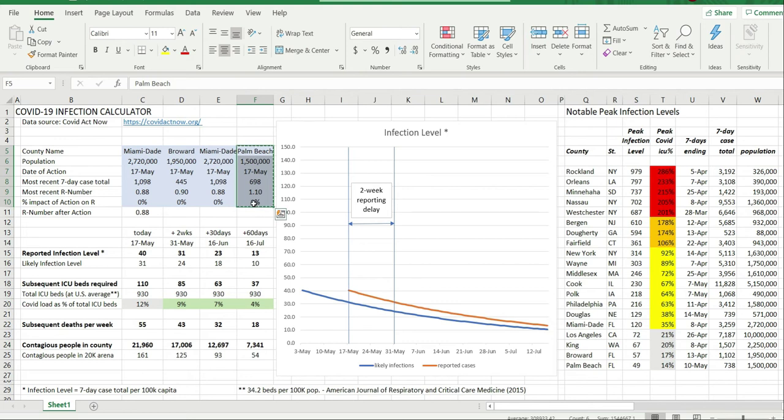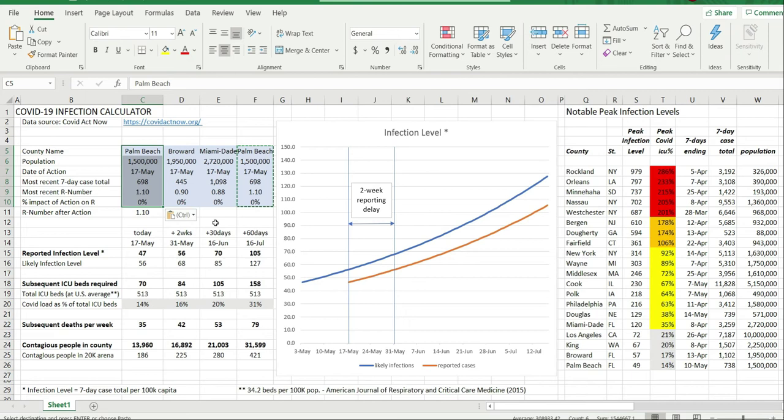Okay, Palm Beach is already not in a good situation because they're at 47 degrees of infection, which is hotter than both Dade and Broward. But especially important, the current R number is 1.1. They're already growing. If they didn't do anything tomorrow, they're going to be stressing their ICUs going forward.